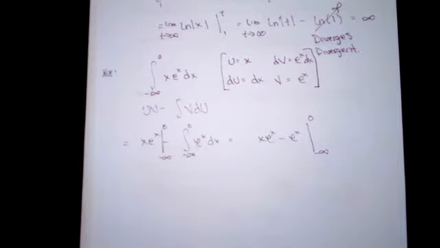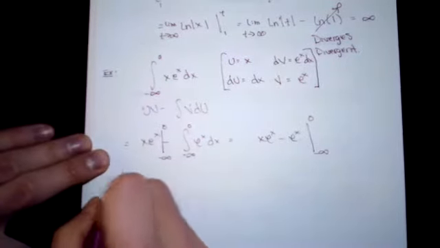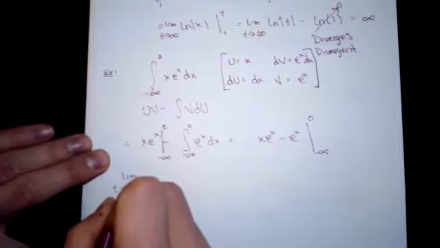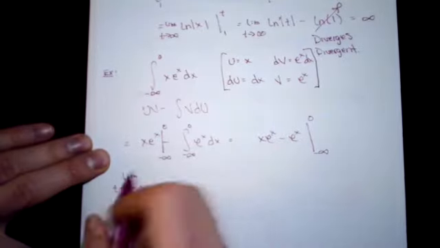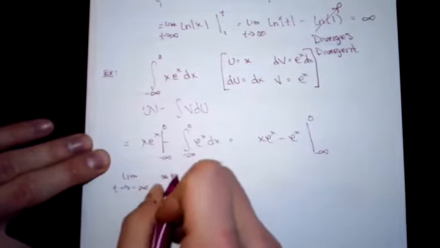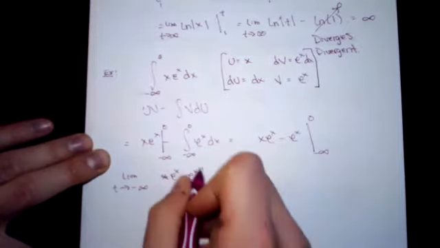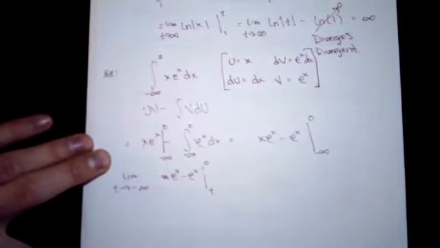So really, we want to treat that minus infinity as a t and then take the limit. So this is going to be the limit as t goes to negative infinity of, let's say, x e to the x minus e to the x, and then I got my t to 0.